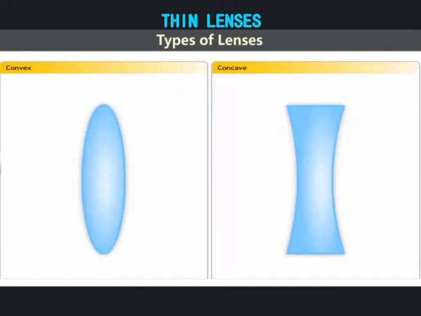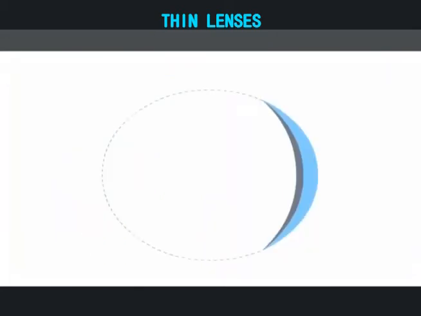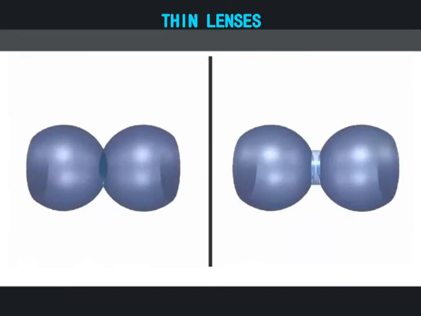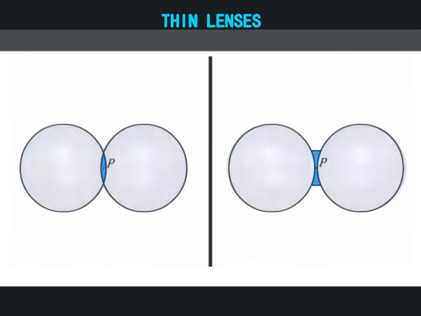Now, recall in Form 2, we saw that a curved mirror is simply a part of a sphere with the center, which we call the center of curvature, C. Lenses are formed by 2 parts of 2 spheres, so they have 2 centers of curvature.